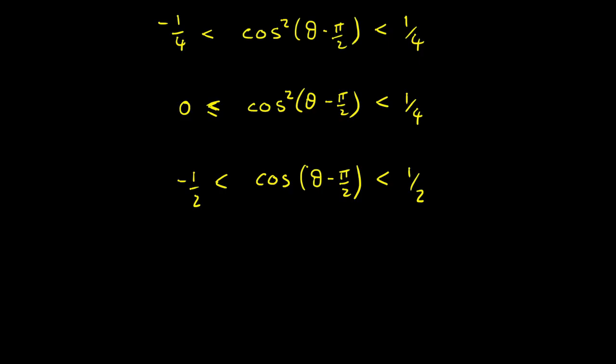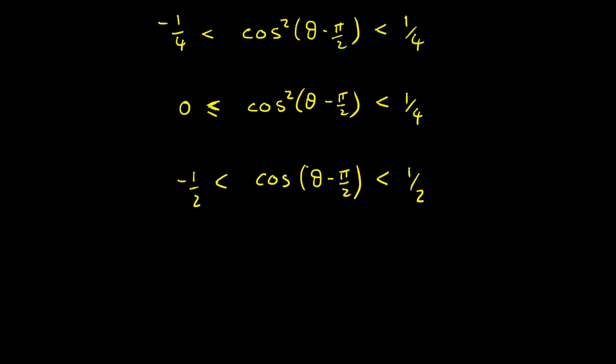And I suspect that's the thing that's going to trip up most people. Because if cos squared is less than a quarter, it actually means that cos itself can be anything from -1/2 all the way up to +1/2, because if it was -1/2 and we square it, then the maximum value will be a quarter.